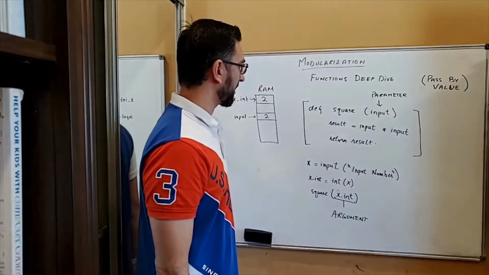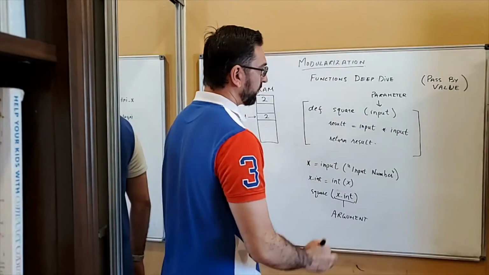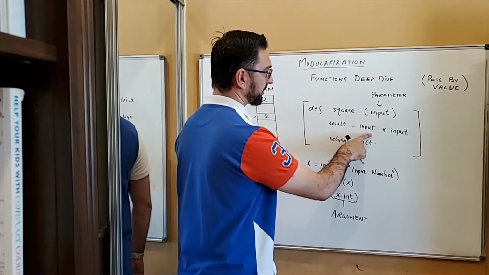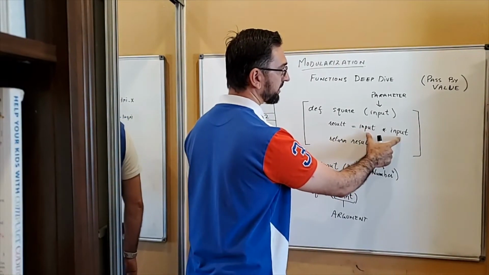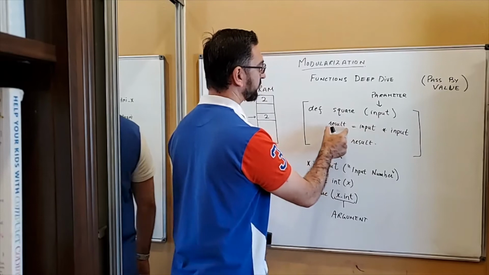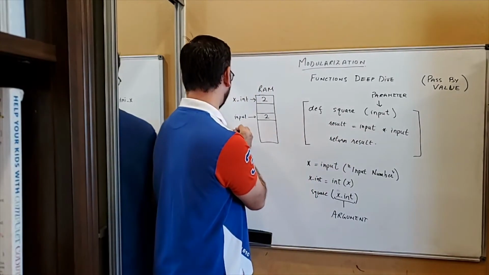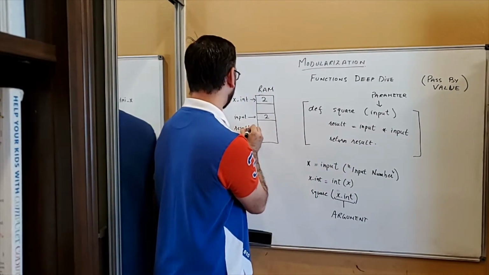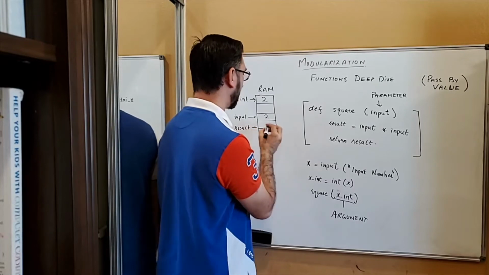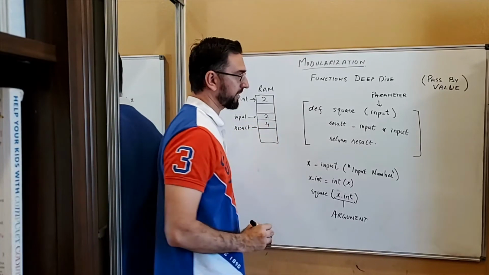Whatever operation we do on this input, we multiply this input by itself and store the result. So the result will be another variable which holds the value 4 in our case.